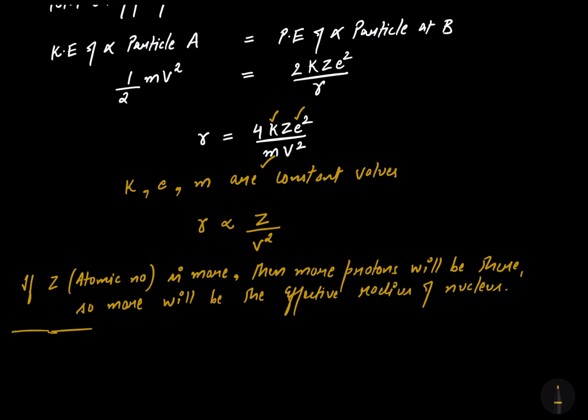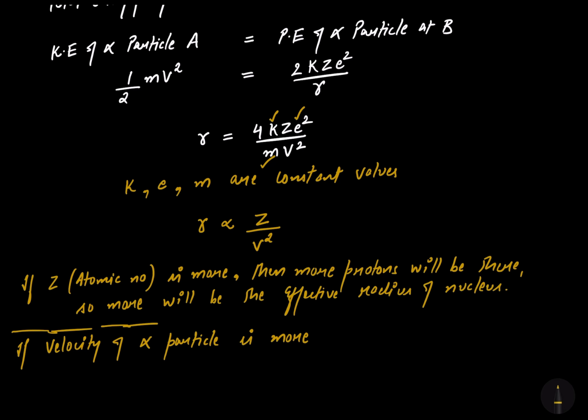Now let's talk about the velocity of alpha particle. If velocity of alpha particle is more, it's the inverse proportionality.